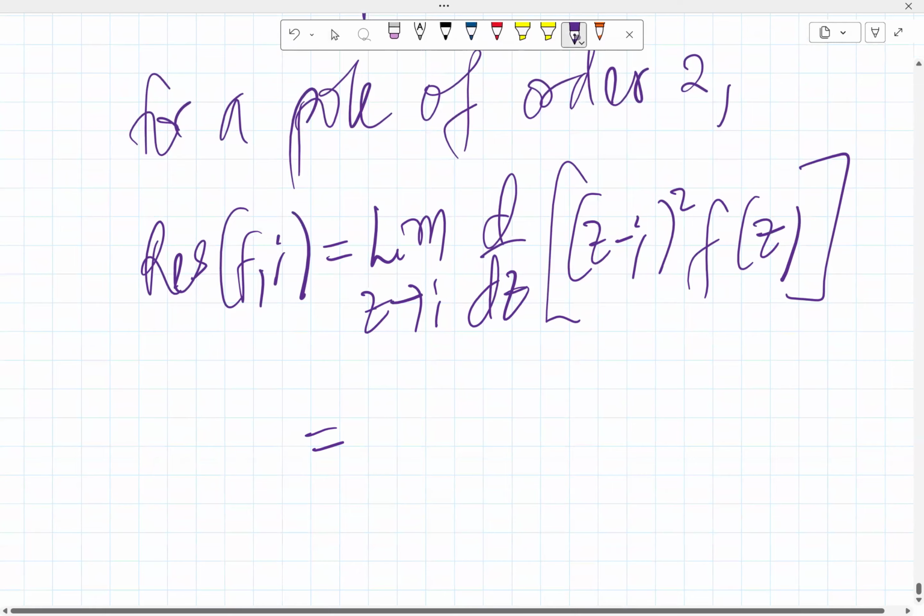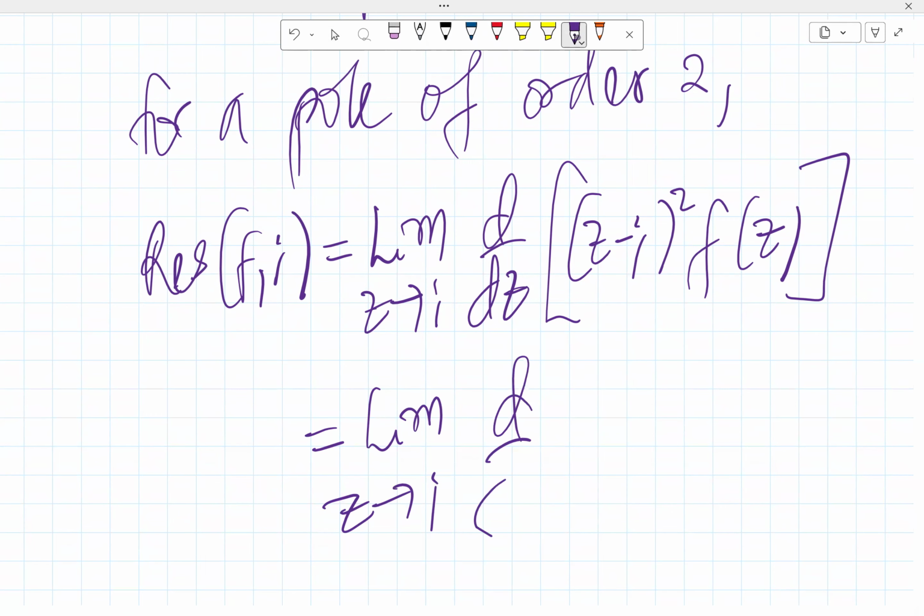So that means we have the limit as z approaches I of d dz of z minus I all squared, because of the squared, right?